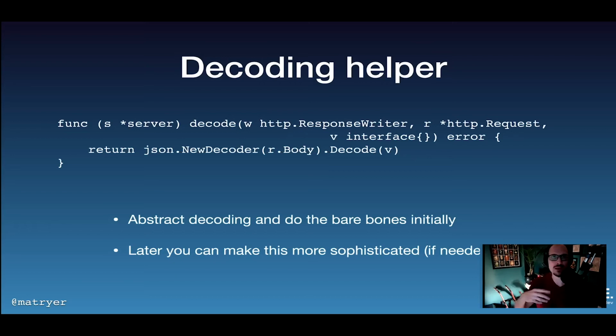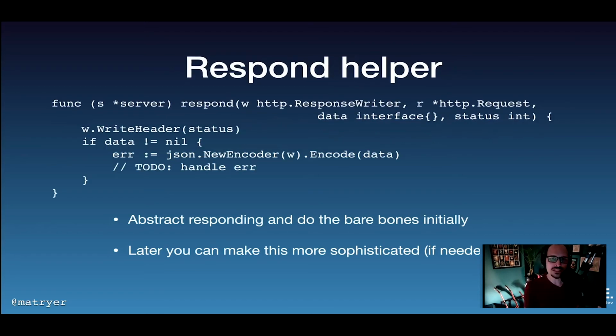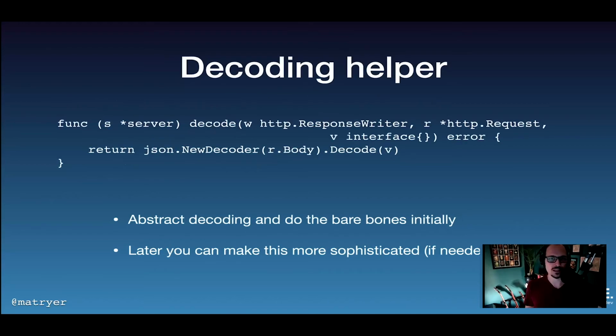You maybe only want to support JSON in the beginning, but later you know that there might be more sophisticated or different interactions, and so you have an opportunity to do this. You can also do things like, in this respond case, we have access to the request, so we could check that request accept header, for example, to see what the client is asking for. And again, you only have to deal with that all in one place.